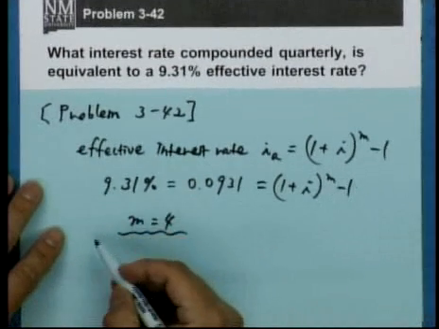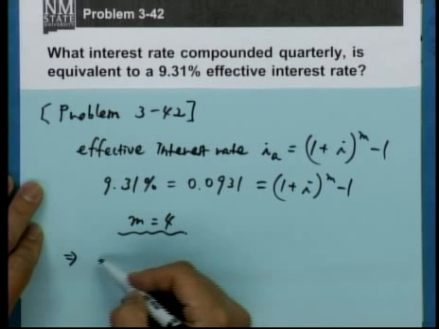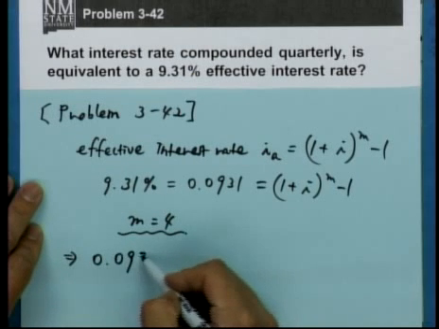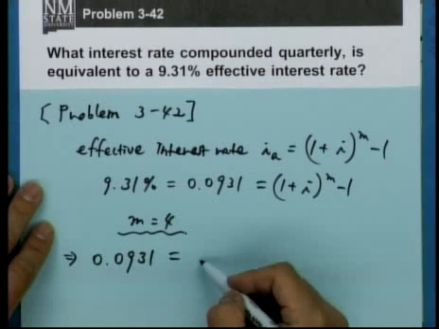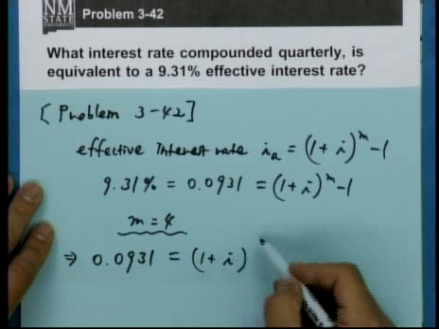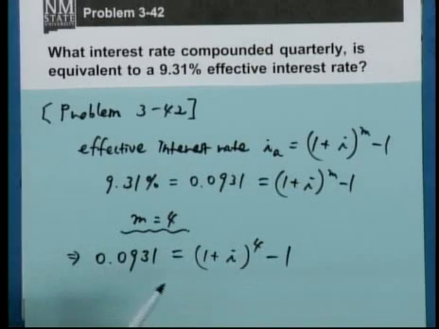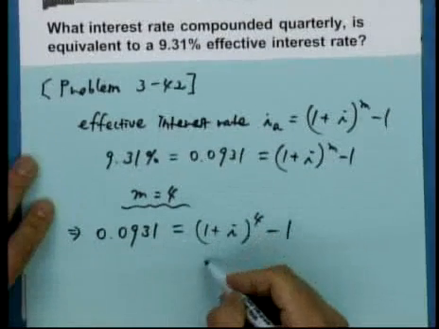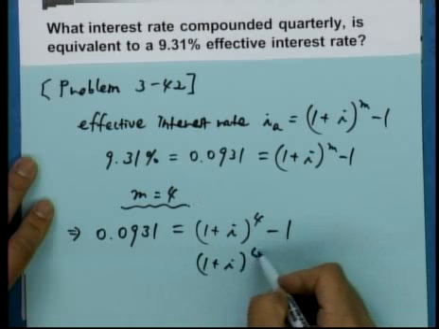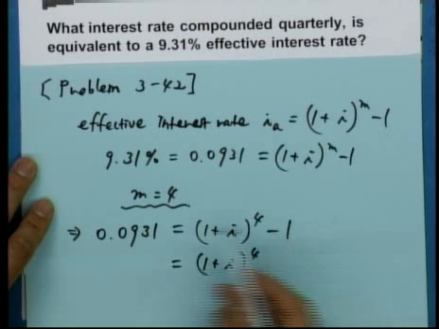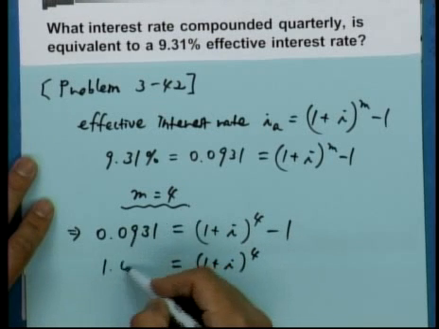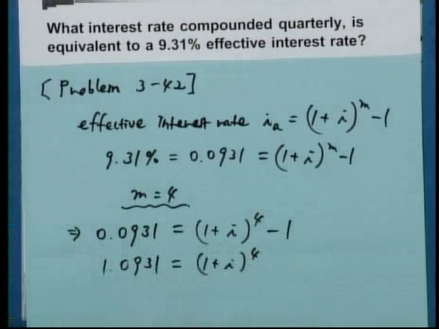So here we have 0.0931 equals (1 plus i) to the power 4 minus 1. So (1 plus i) to the power 4 would be 1.0931. Is that correct?